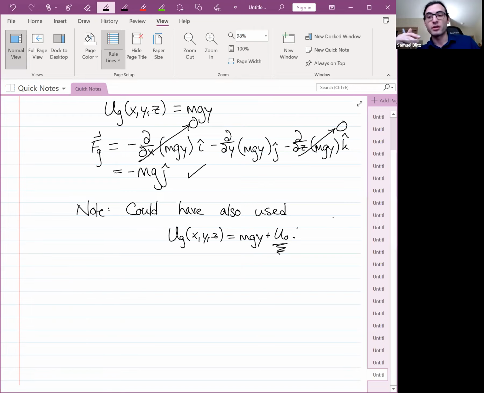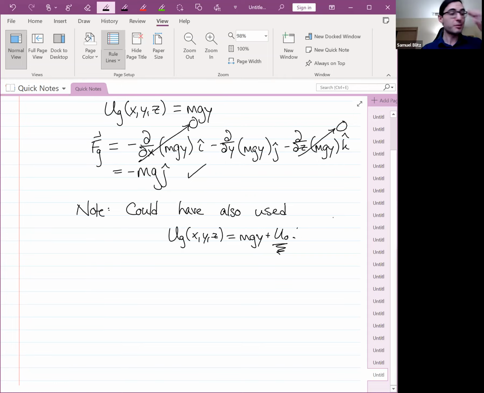In that case, the constant doesn't actually matter, because a derivative is just a very small change divided by a distance. It's not actually the initial potential energy. It's just some constant that you can add. You can always choose to add whatever constant you want. Sometimes it might be the initial potential energy, but it doesn't have to be.